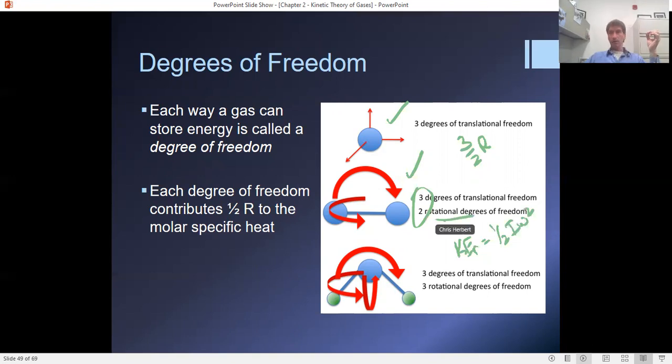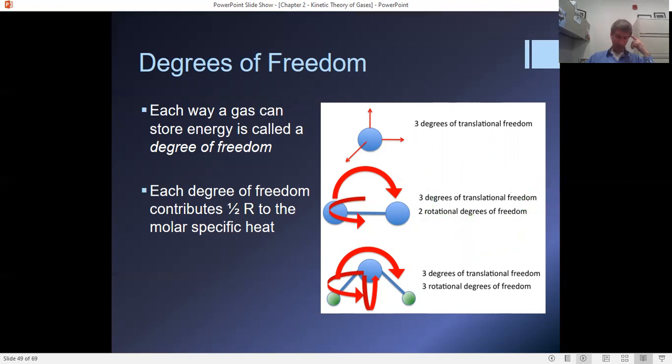With 2 more places that we can store that energy, it's not surprising we're up to 5/2 R for our molar specific heat. If we get to more complex molecules, we can actually have even a larger molar specific heat. So generally, the way these molecules can store energy as internal energy really affects their specific heat.